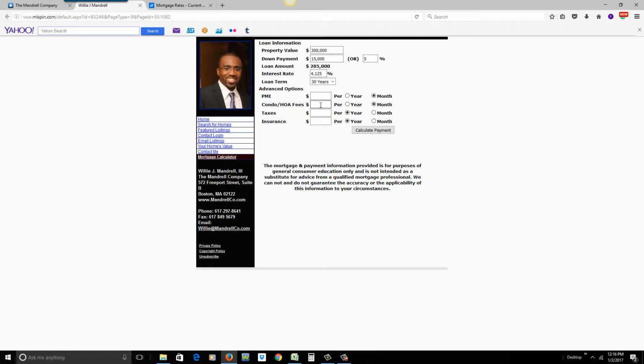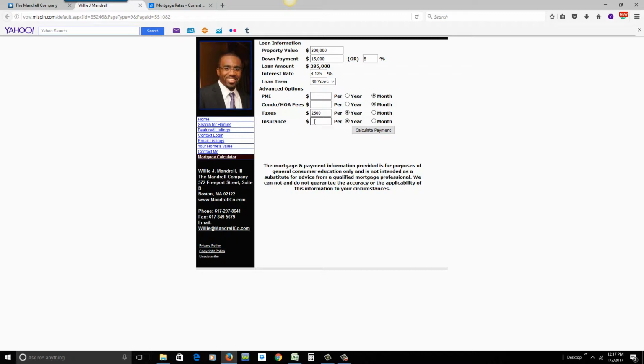If it's a single-family home or a multifamily home, it probably will not have a condo fee. The taxes are usually listed right on your listing sheet as well. For this example, let's plug in $2,500. And insurance is not typically listed.